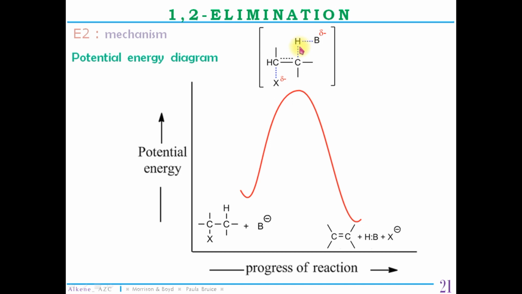Simultaneously there is partial breaking of the carbon hydrogen bond, where bonding electrons are taken up by this carbon, which this carbon uses to make the double bond, and here the carbon halogen bond breaks where bonding electrons are taken up by this halogen. So in the transition state the halogen contains delta negative charge.